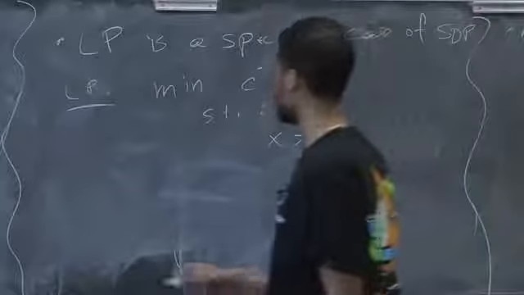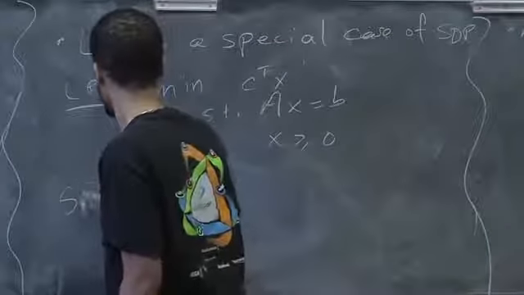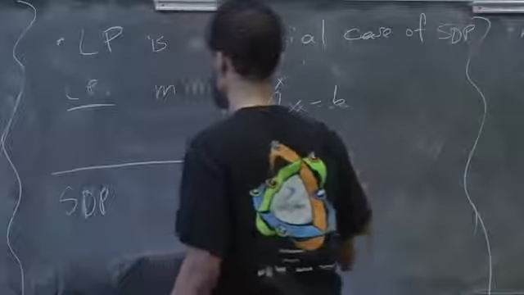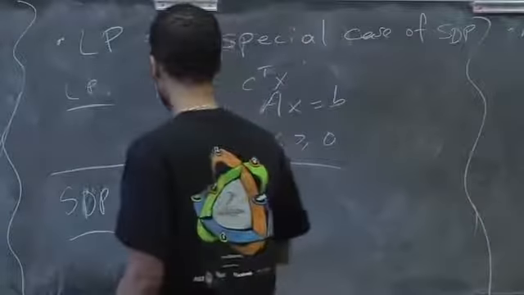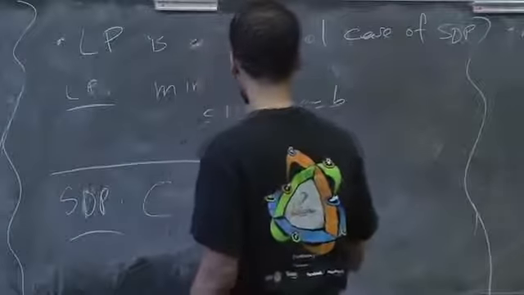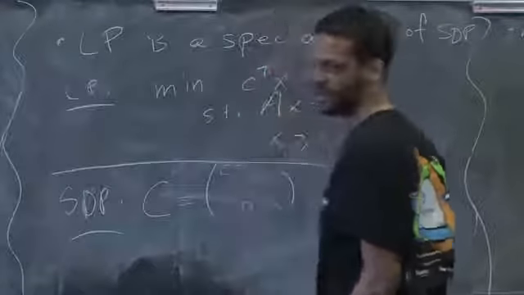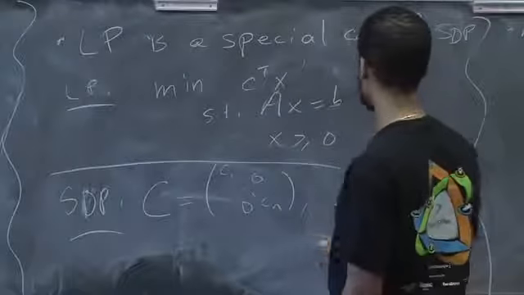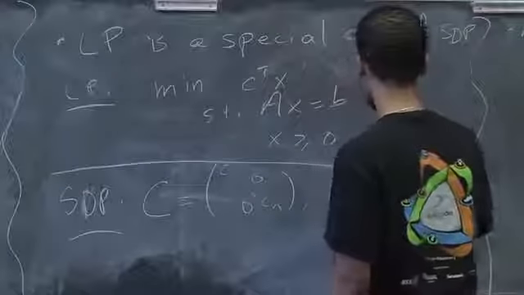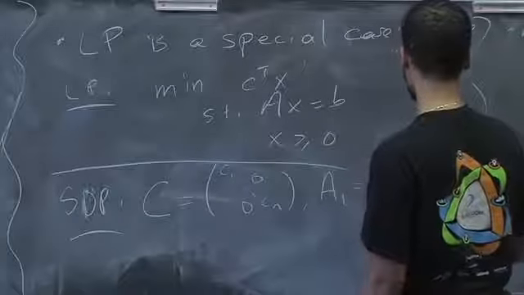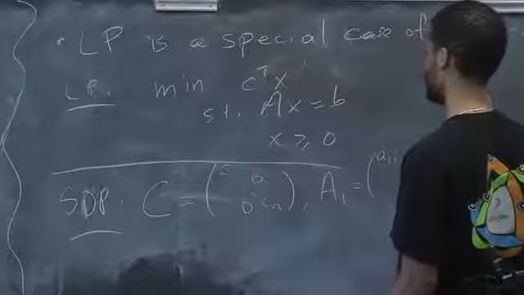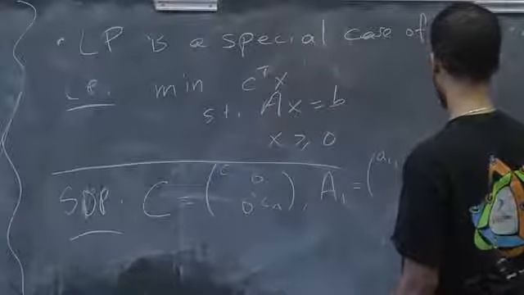We're going to define C to just be a diagonal matrix with C1 through Cn on the diagonal. We're also going to define A_i as a diagonal matrix with A_i1 through A_in on the diagonal.